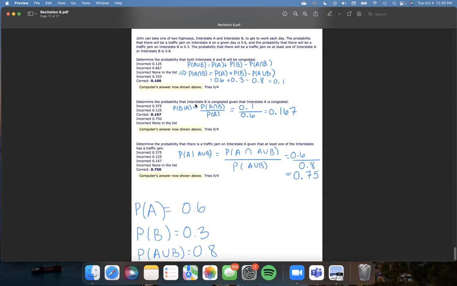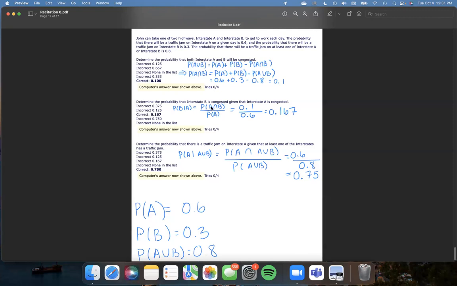Determine the probability that Interstate B is congested given that Interstate A is congested. Here we have that word "given", so the light bulb goes on that we're dealing with a conditional probability. The probability that Interstate B is congested given Interstate A is congested is the probability of B given A. That equals the probability of A intersect B over the probability of A. This was a property that was also previously discussed.